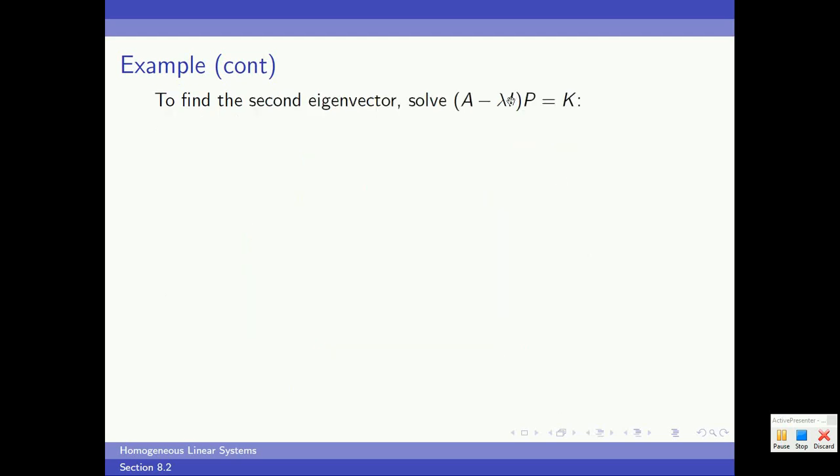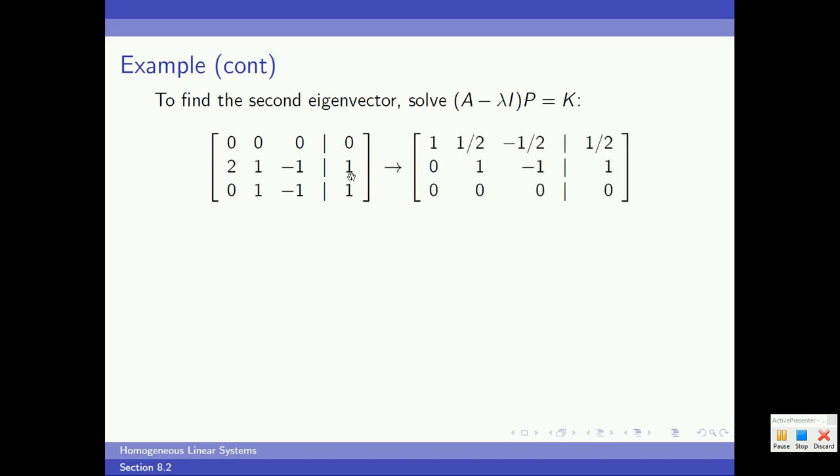So the next one, I have my p here. I have that k that I just found on the right-hand side. So this is still my A minus lambda I. This is my k. So I again simplify. So I move this one to the top row and multiply by 1/2. So that gives me this equation. This one becomes my second row.